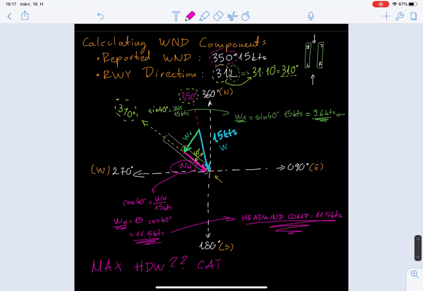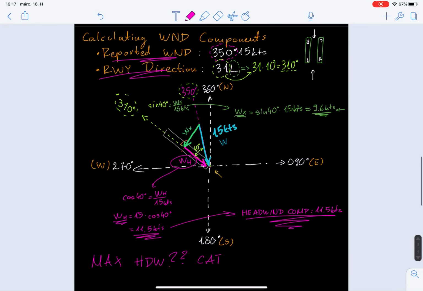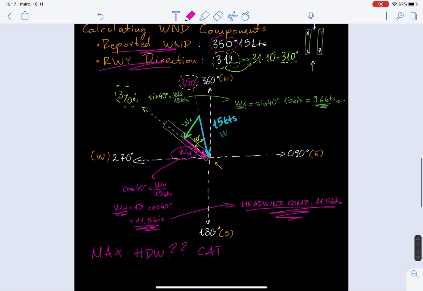So you can make up any runway directions, any reported winds, and just do the calculation. Initially, I would advise to draw it up just like the way we did. Draw up the compass, the runway direction, and the wind, and from there you can draw up the vectors. And I think from there it's very visual.